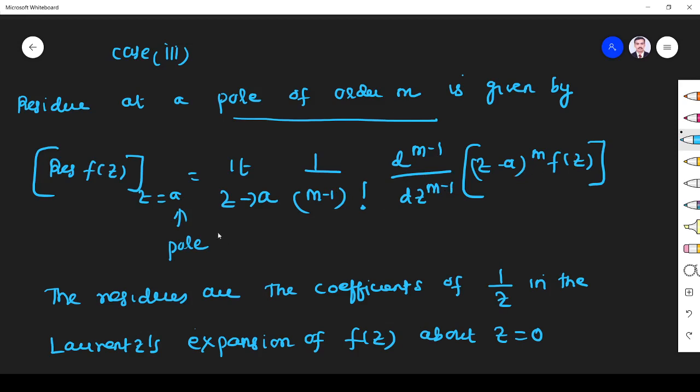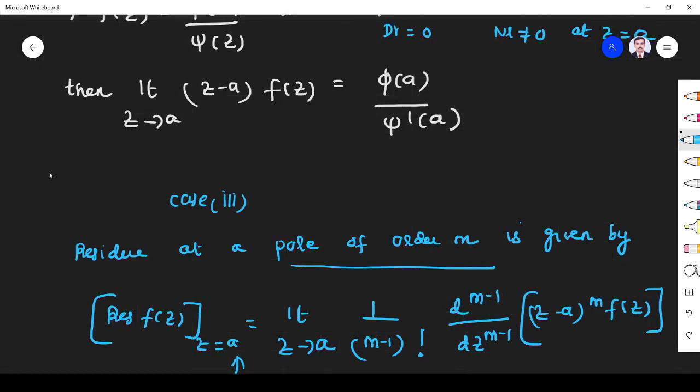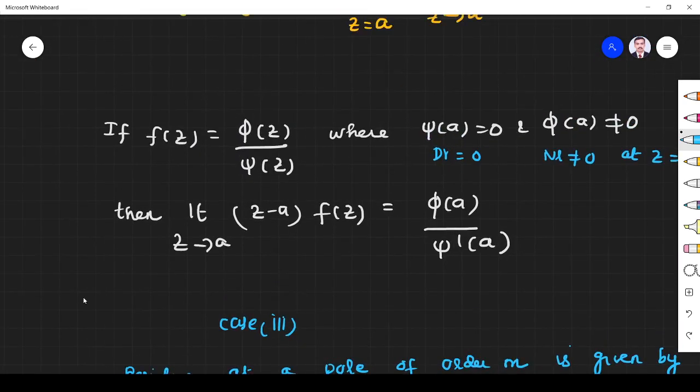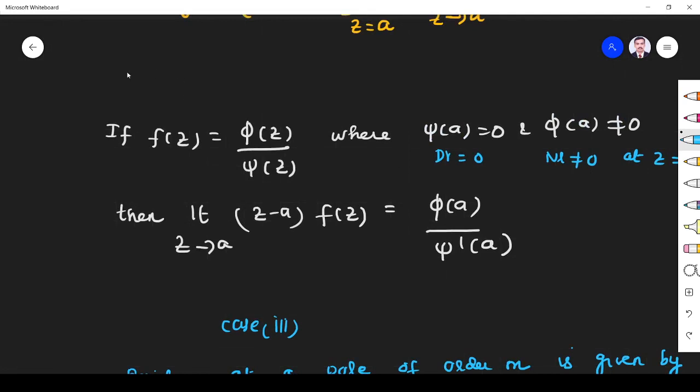So these are all the three cases. Case 1 is a simple pole. Case 2 is when numerator and denominator are there, the numerator is not 0 and the denominator is 0. Case 3 is a pole of order m.